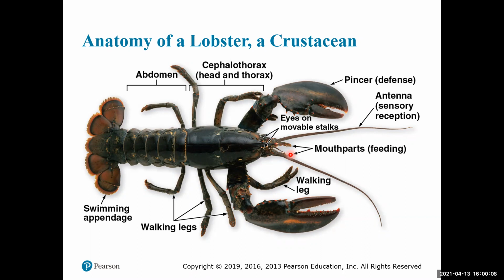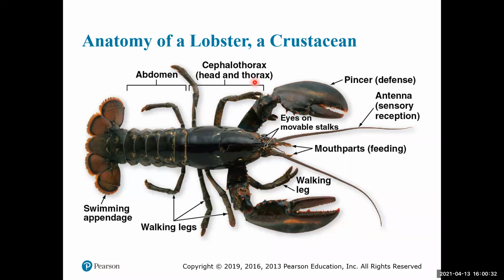Now, with arthropods, there are typically three body parts, three segments in the body: the abdomen, the head, and the thorax. Okay, and depending on the group and the species, these body parts can be merged into one body part, or they can be separated into their own part.